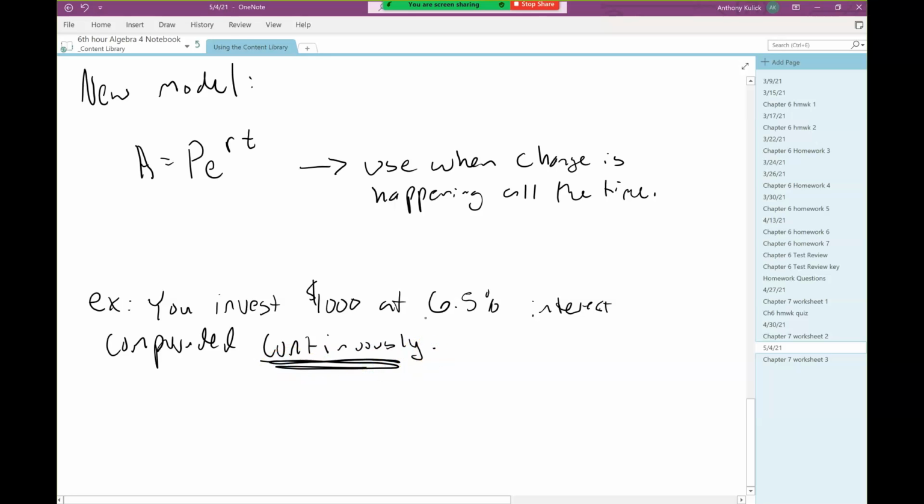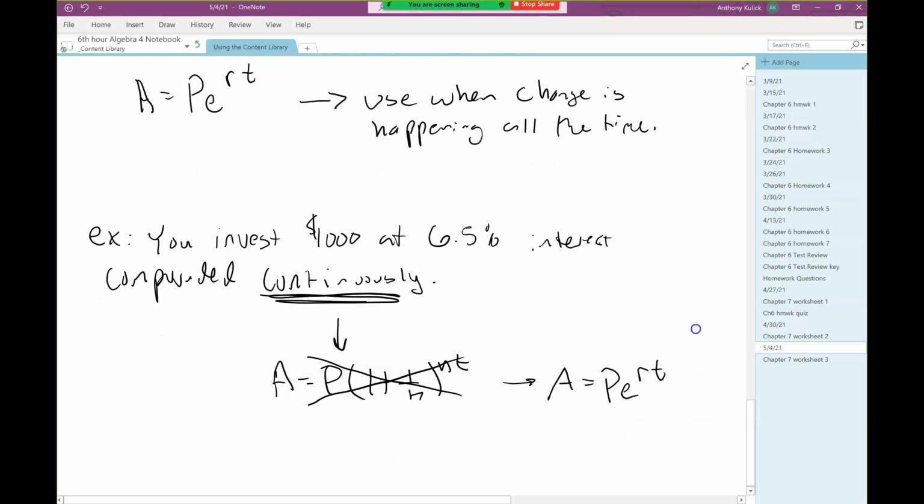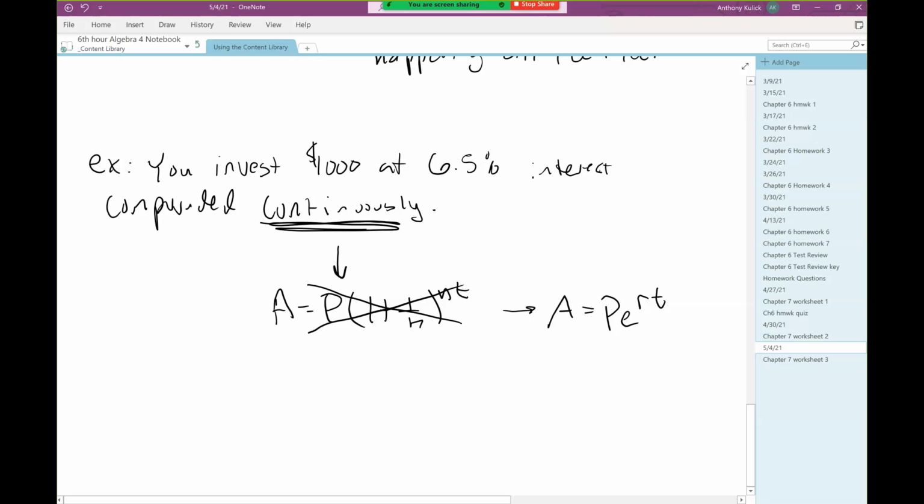And continuously is the key word there that tells us that instead of using our old compound interest model, we want to use this new model.